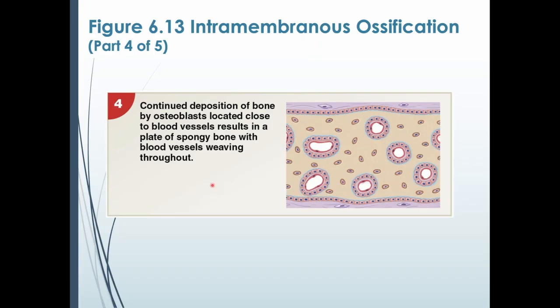Then you get continued deposition of bone by those osteoblasts. They're going to be close to blood vessels, which results in the plate of spongy bone where the blood vessels are going to weave throughout.